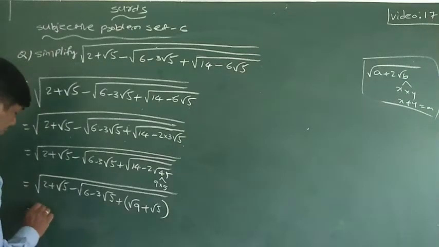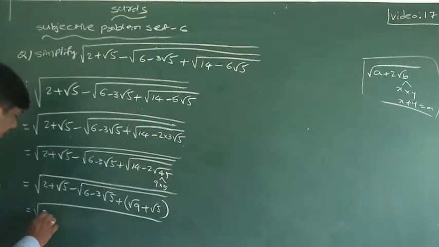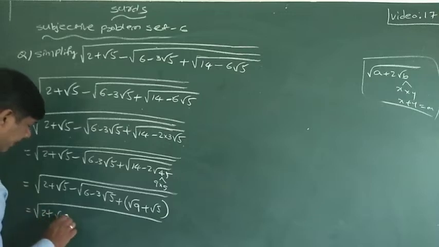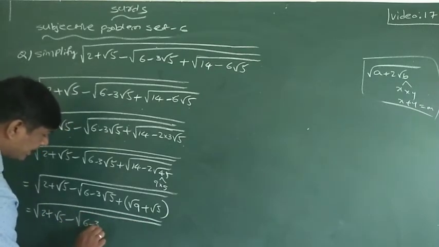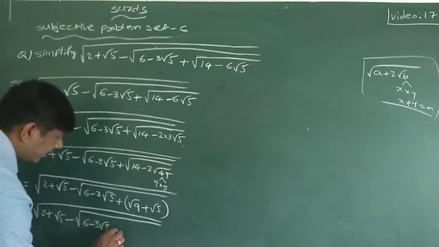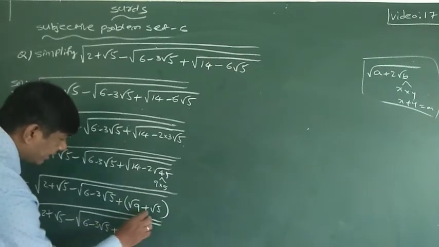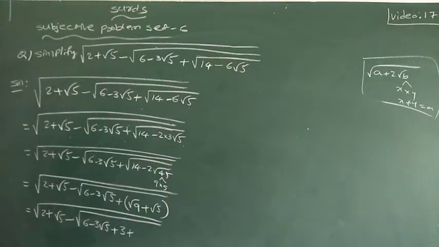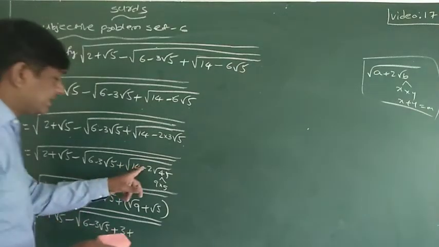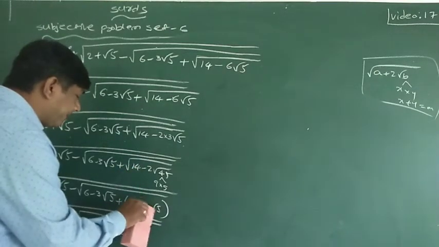That is equal to root of 2 plus root 5 minus square root of 6 minus 3 root 5 plus root 9, means 3, plus root.